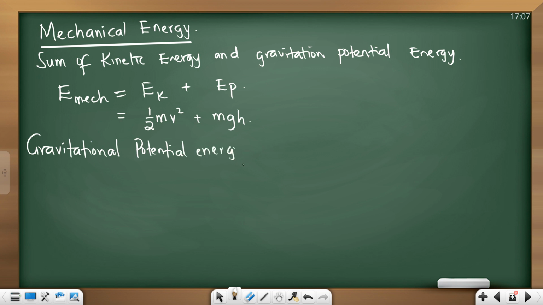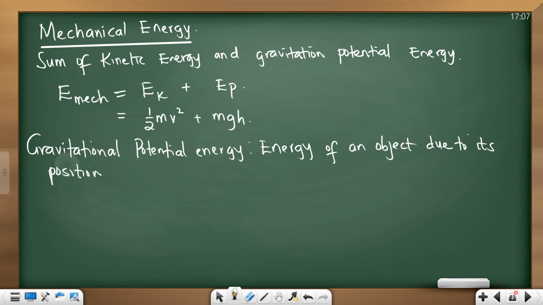Gravitational potential energy is the energy of an object, let's make it simple, due to its position above the ground.